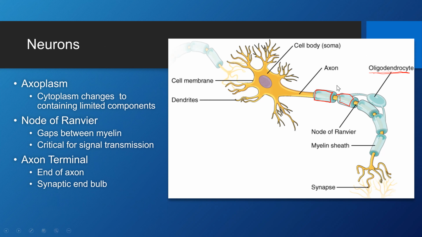Myelin. And the myelin sheath, here's the name, by the way, it's not a continuous covering. There are gaps in between, and those gaps are called nodes of Ranvier, all right? And they are critical for signal transduction. And then we have the axon terminal, right? The end of the axon. And we have these synaptic bulbs, right? So those are the bulbs over here.